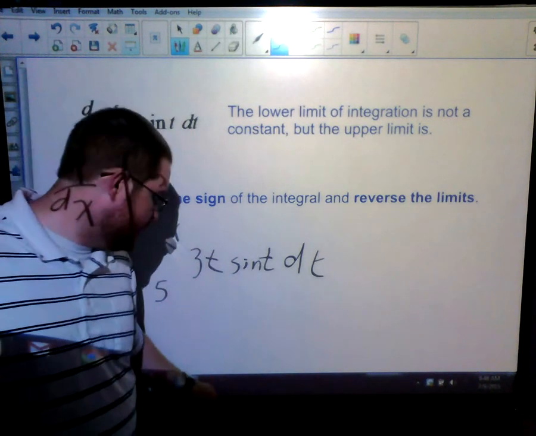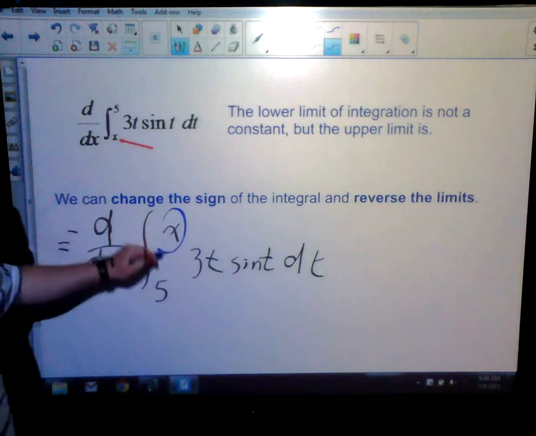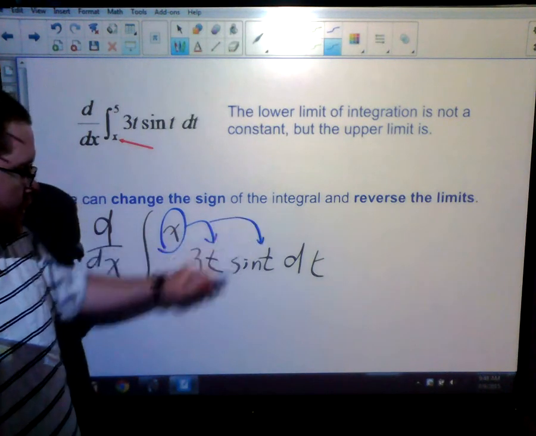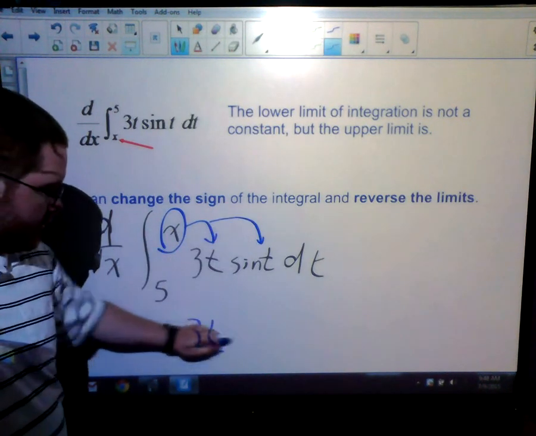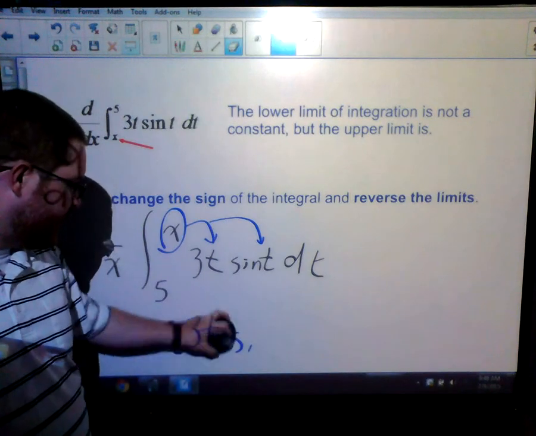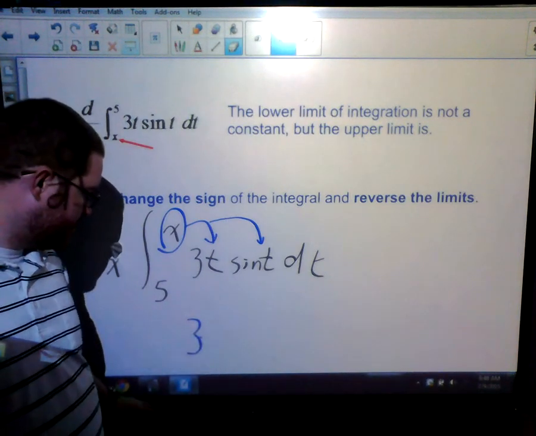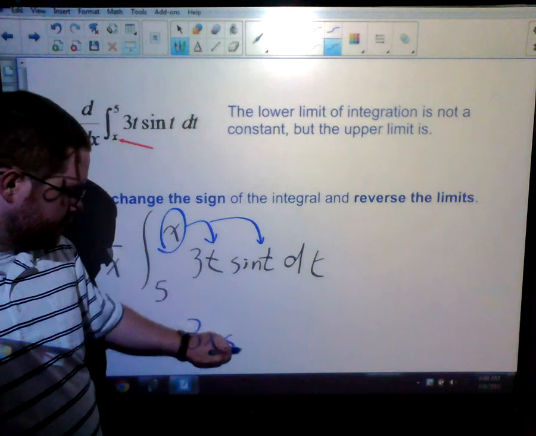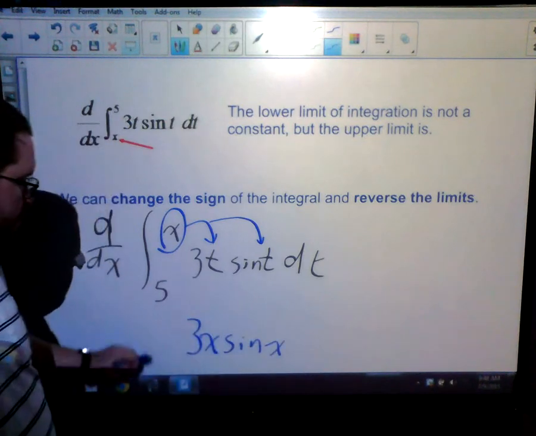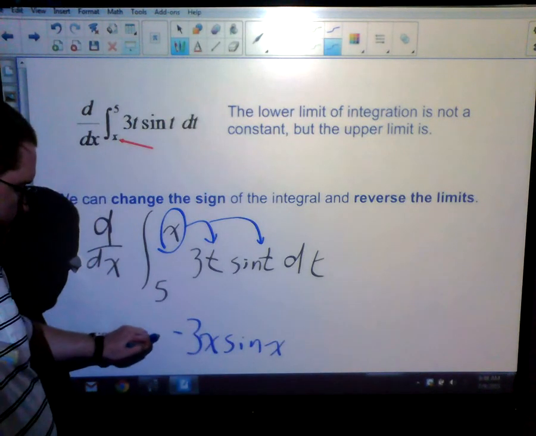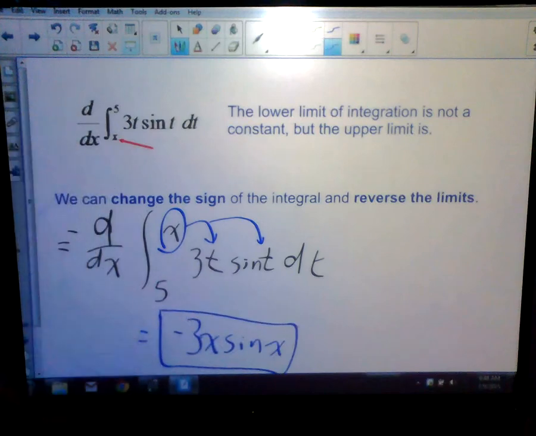So now the answer is going to be, just plug this in, 3x sine x. But it's negative because I had to switch the bounds. So if they're backwards, just switch the bounds and change the negative.